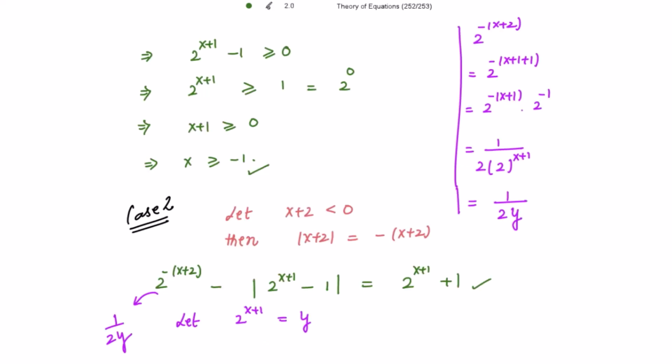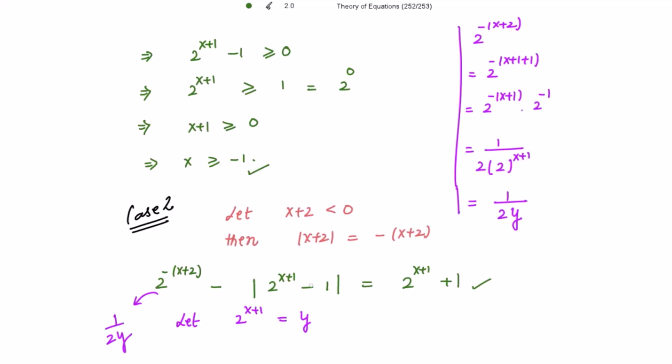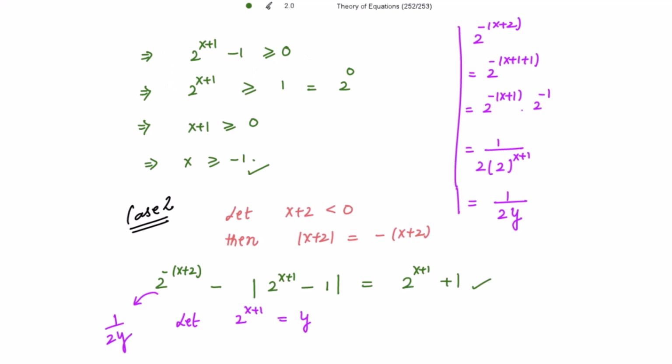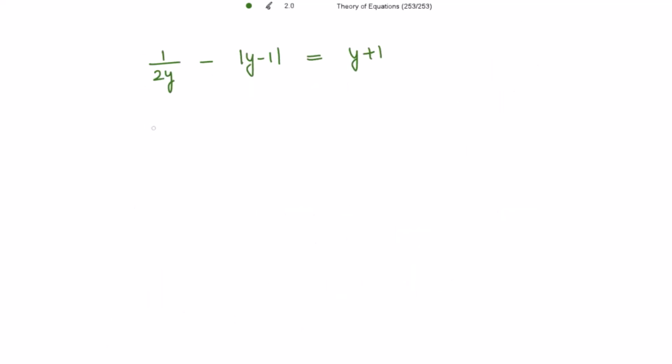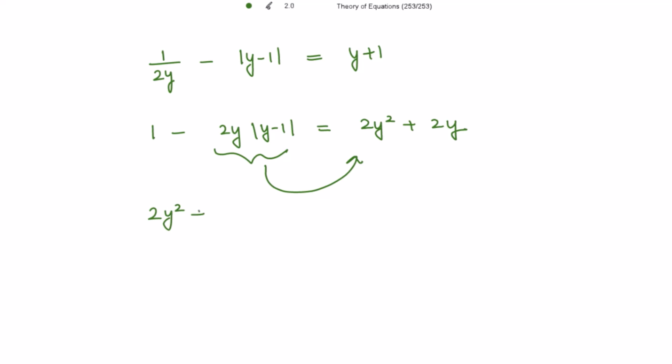So this equation becomes 1/(2y) − |y − 1| = y + 1. This further implies 1 − 2y|y − 1| = 2y² + 2y. Taking this to the other side, we get 2y² + 2y + 2y|y − 1| = 1.